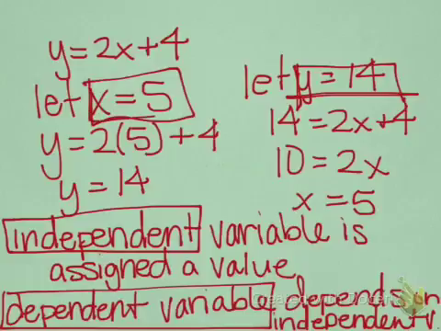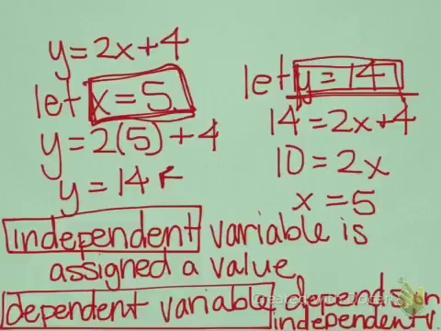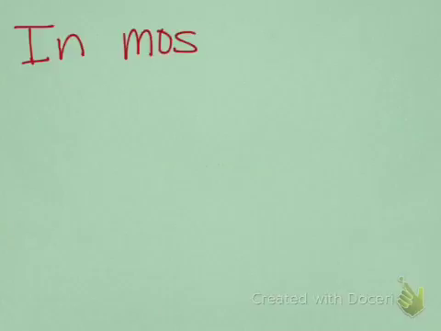So again, our first one, x was independent, so the answer 14 depended on x being 5. And then the second one, same thing, when we had y equal to 14, x depended on what y was. So the dependent variable depends on the independent variable.